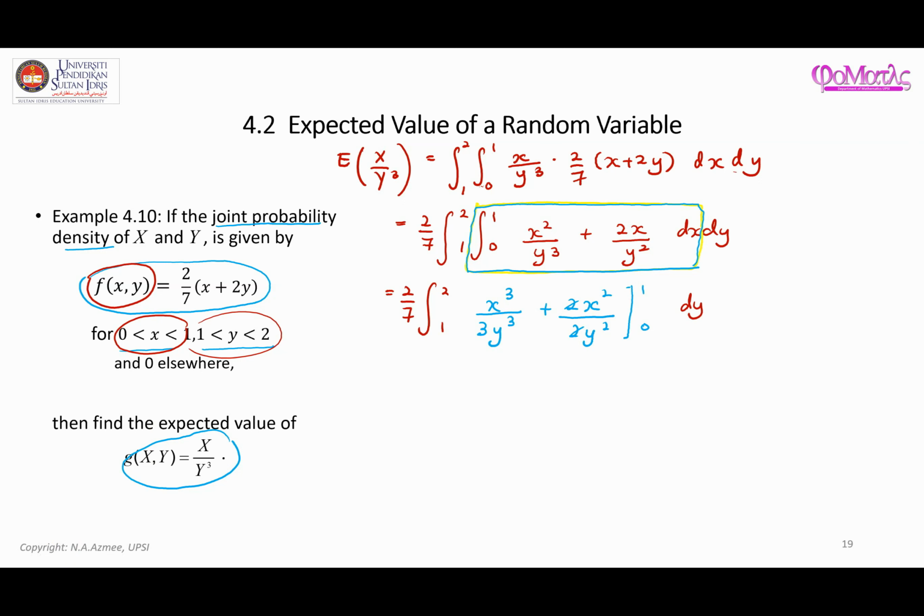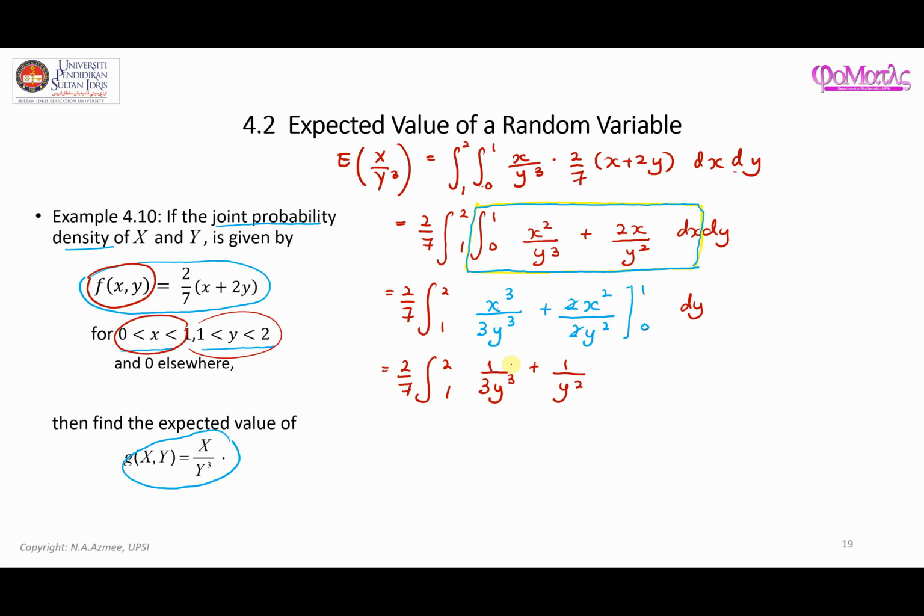Well, we have 2 over 7, 2 and 1. So substitute 1 into x, we have 1 over 3y cubed. And then substitute 1 into this, we get 1 over y squared. Of course, if you substitute 0 into x, the result is going to be 0. If you substitute this into this, it's going to be 0 as well.